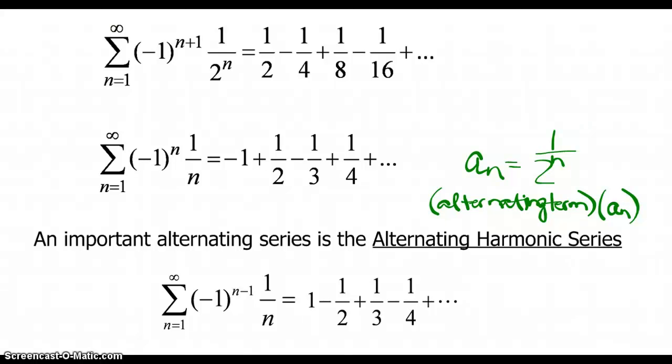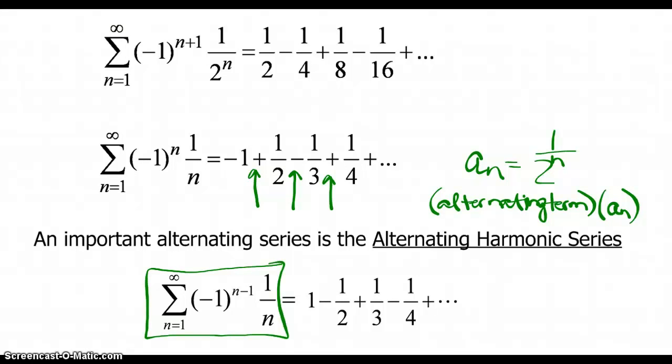Now, that does change the sum because every other term is going to be added and every other term is going to be subtracted. So your sum is going to look completely different from the sum of a positive series. As a matter of fact, this series is the counterpart to the harmonic series.